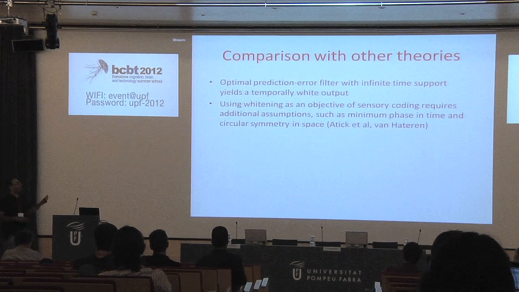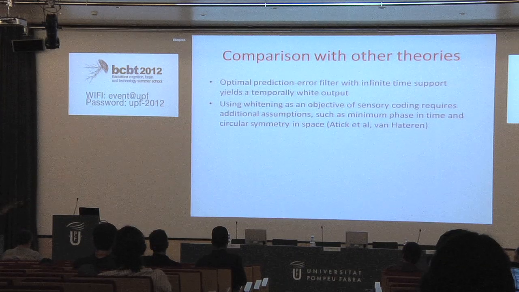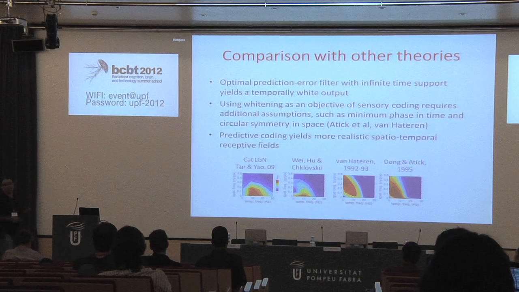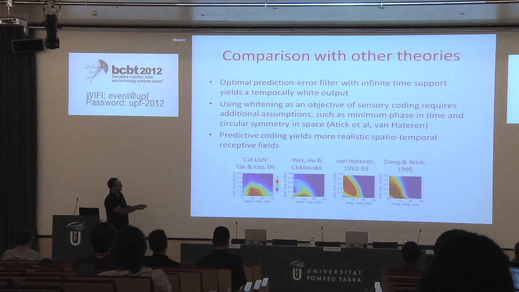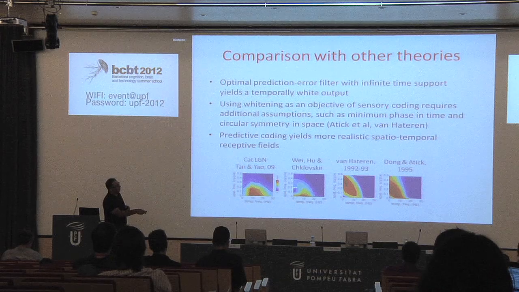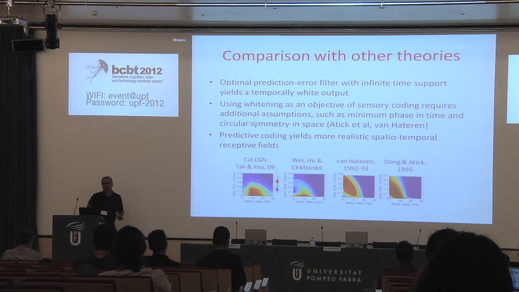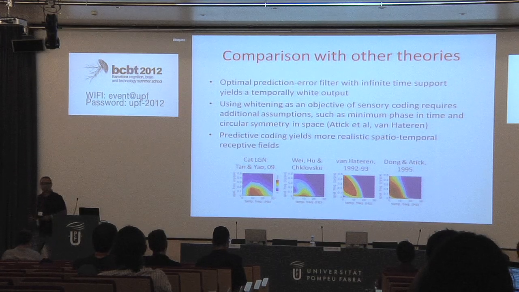Okay? Nevertheless, since their predictions were in Fourier space, let's go to Fourier space and compare what different theories predict and what the experiment shows. So these are the measurements of the receptive fields in the LGN converted into the Fourier space, temporal frequency, spatial frequency. This is what our theory gives. And these are the predictions of Van Hateren and Atick as computed based on what they said.